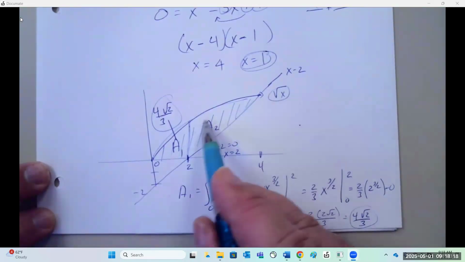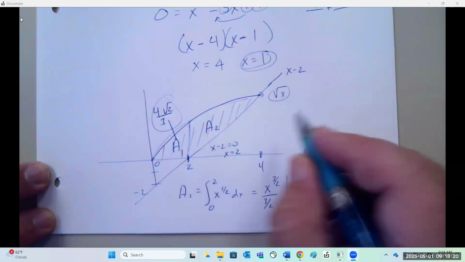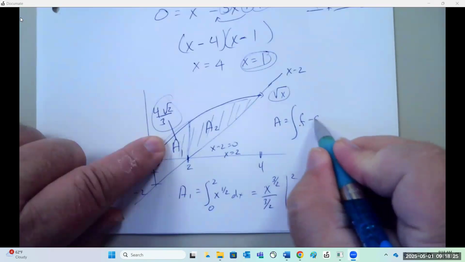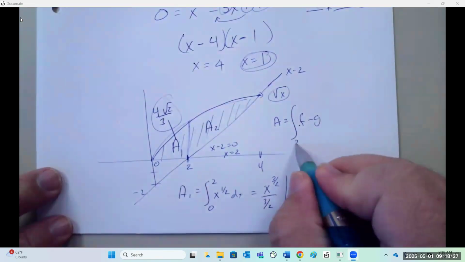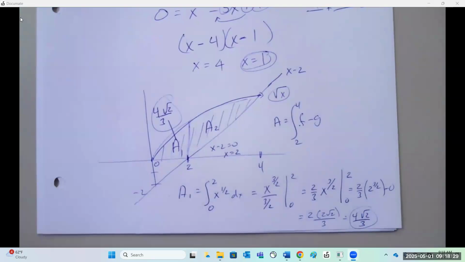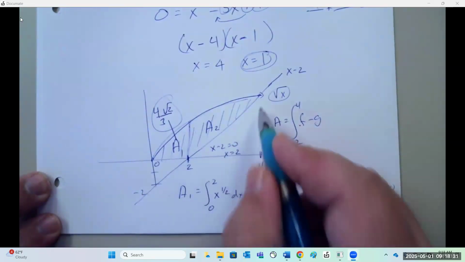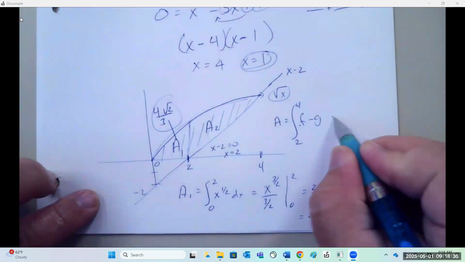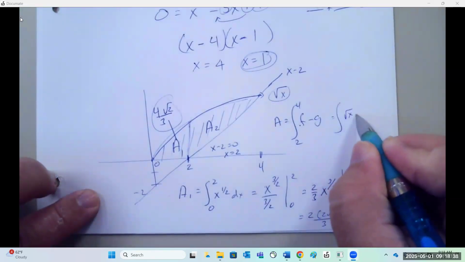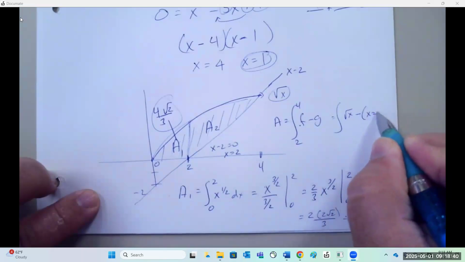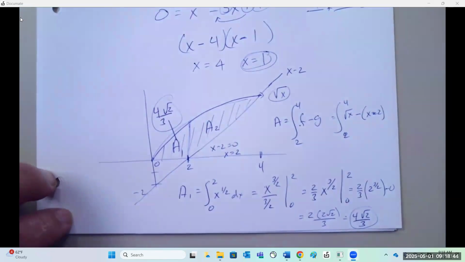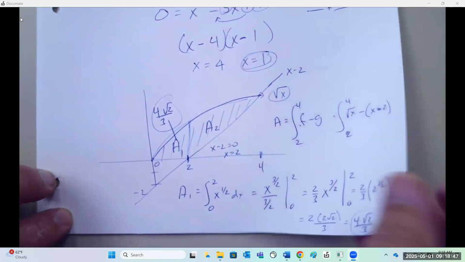Now for the second area, we have to go f minus g from 2 to 4. We have the upper bound minus the lower bound. So it's going to be the square root of x minus x plus 2 from 2 to 4. We gotta hurry up because we're running out of time.